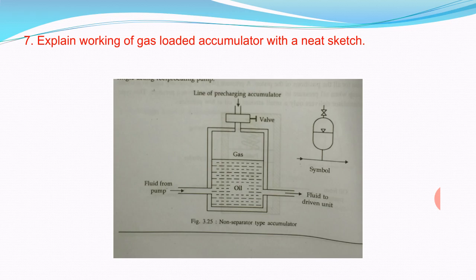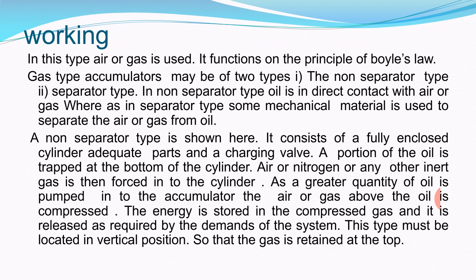Explain the working of a gas loaded accumulator with a neat sketch. Again, here it is a hemispherical tank with a pump outlet, but it uses a gas to compress. In this type, air or gas is used. It functions on the principle of Boyle's law.